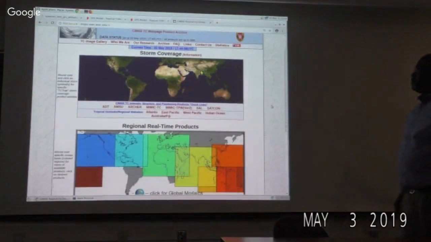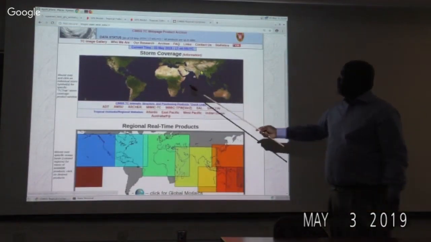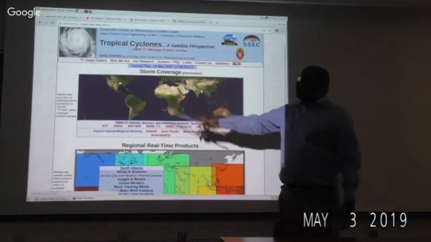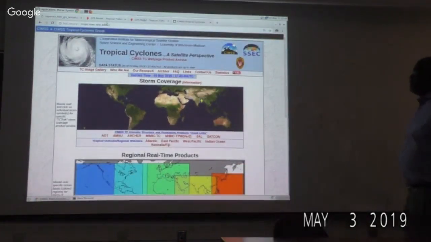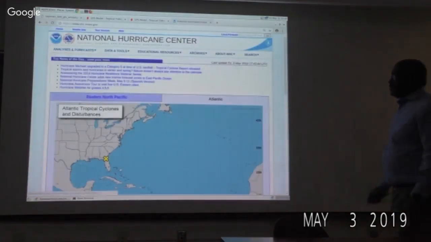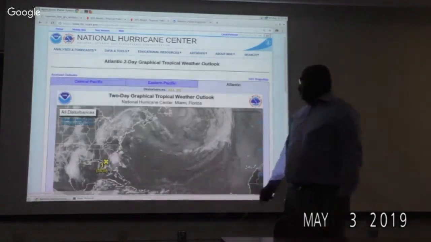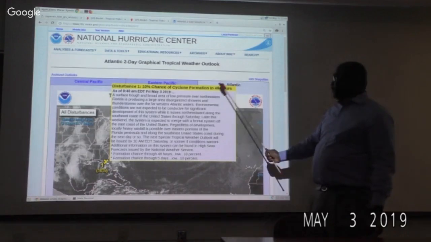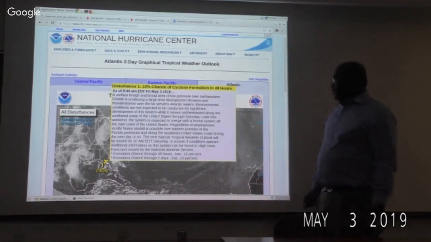So, anyway, that's out over the Pacific. We'll keep this tab up, but I'm surprised I don't have the invest here, but maybe it's just a low probability. Go to NHC for a moment, please, Pete. See what just a very brief statement they have about this disturbance here. Surface low pressure over northeastern Florida. Disorganized showers and thunderstorms into the western Atlantic.